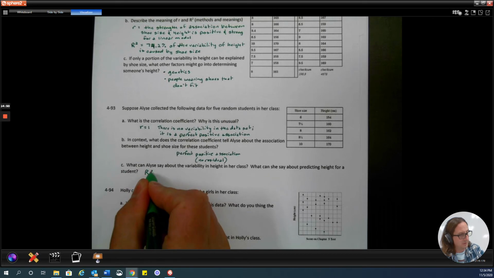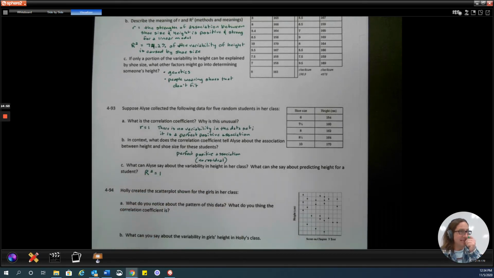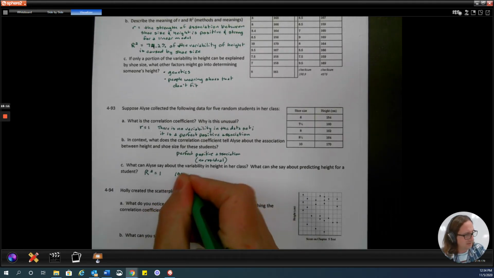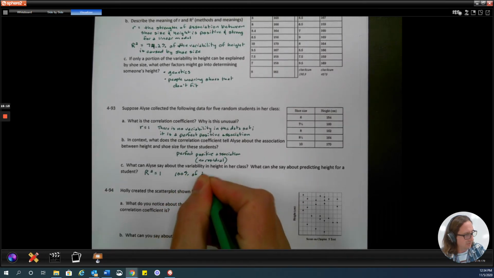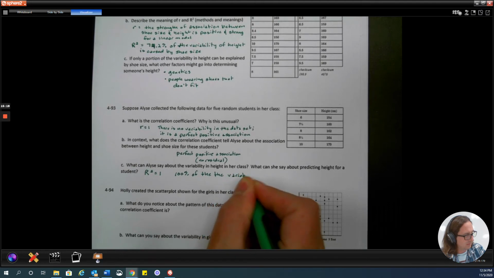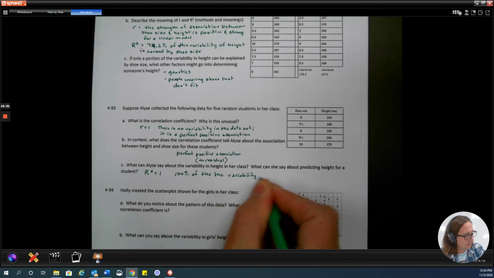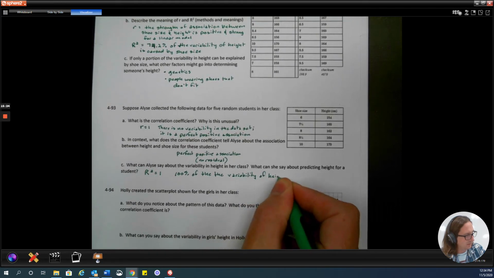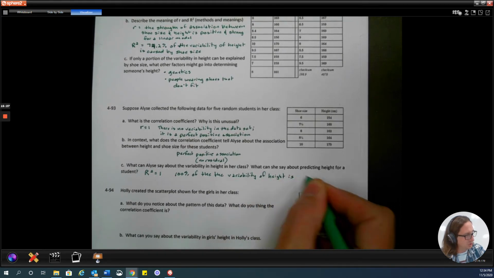Now the R squared value was 1. That means 100% of the variability in her height is due to shoe size. That means there are no other factors out there. 100%. Whatever your shoe size is going to determine your height exactly. So this means that 100% of the variability of heights is determined by shoe size.